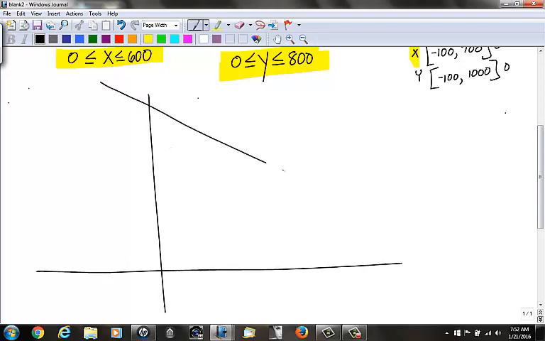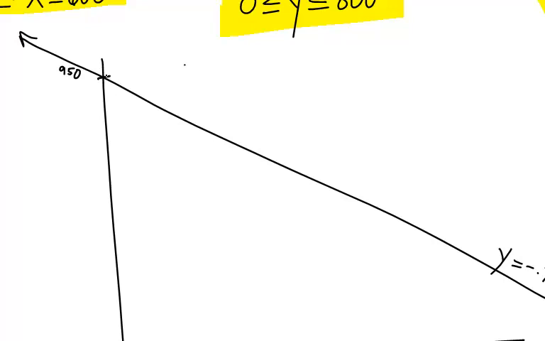Okay, so we had one that crossed. This one crossed, and this was the first one. This was the y equals negative 0.75x plus 950. So it crossed up here at 950 is this y value. And the other one, you may need to turn off the y sub 3, the 800.